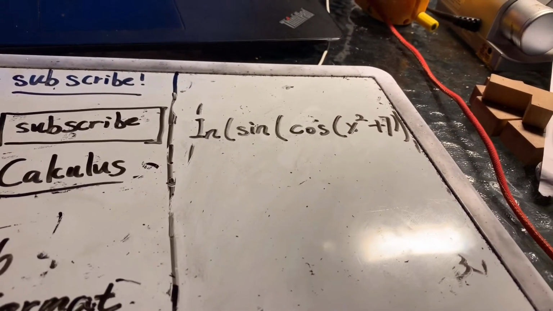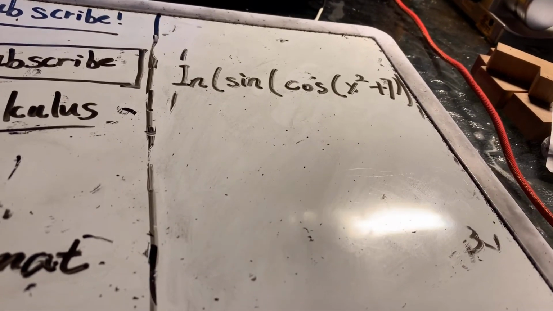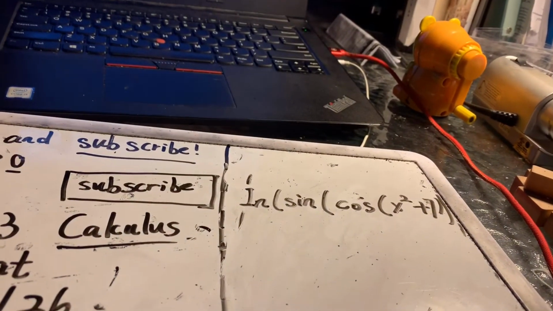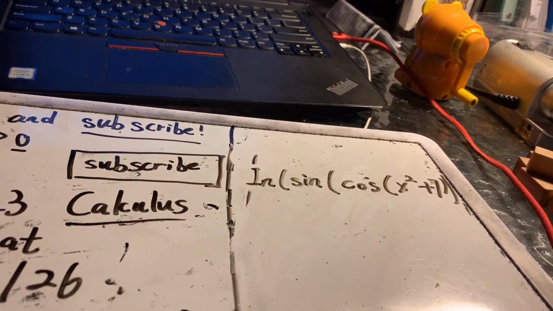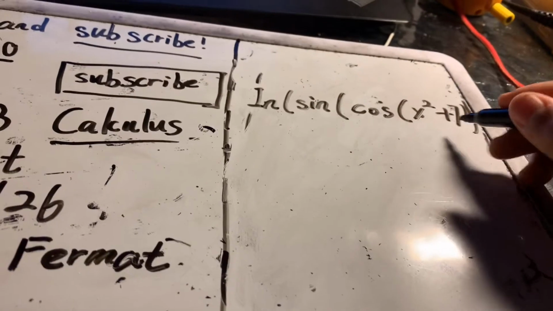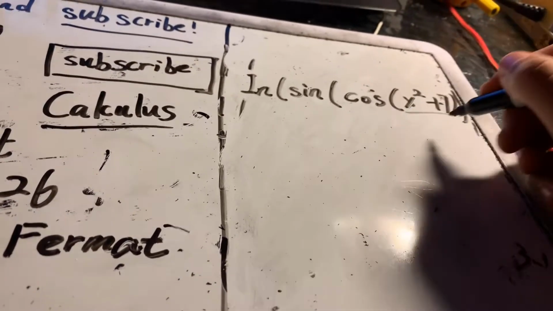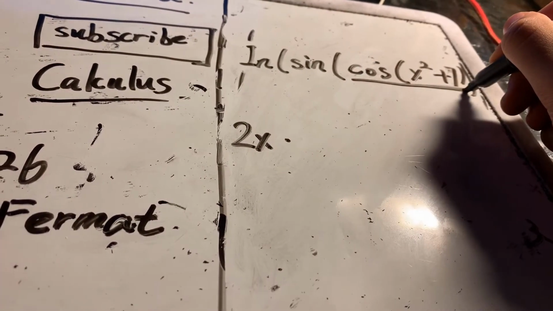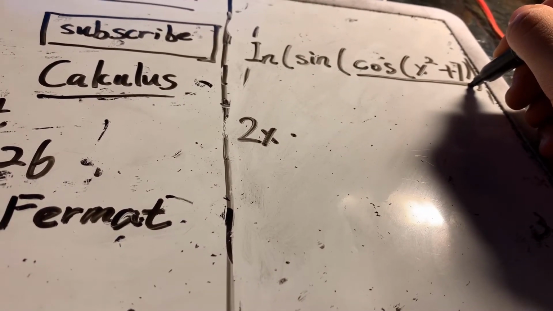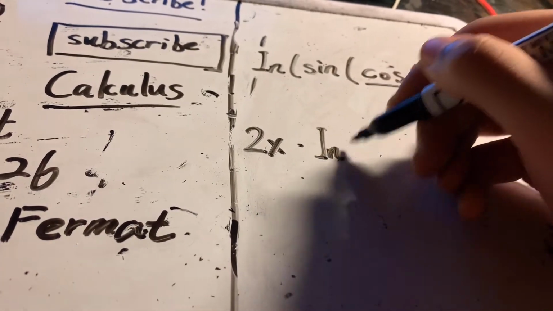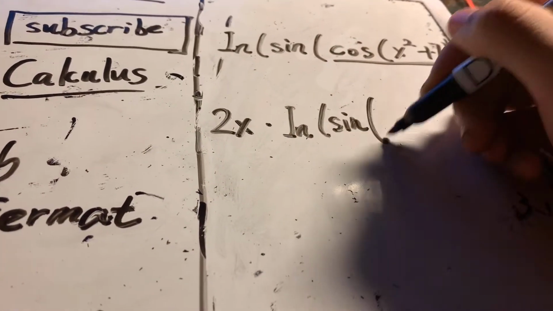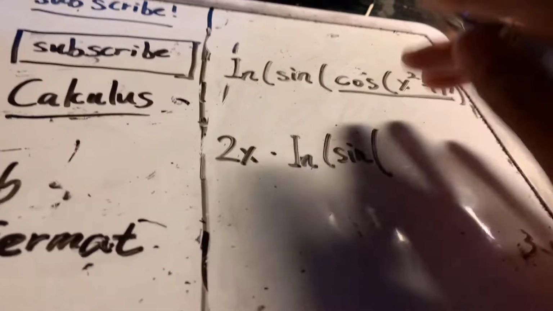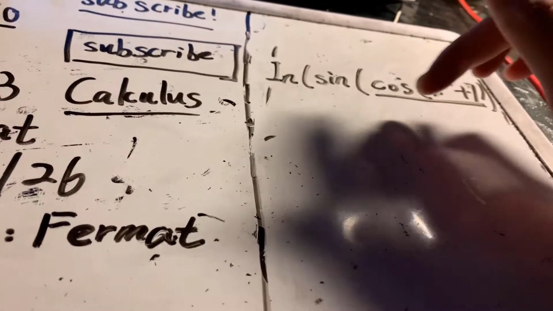In this problem, you are required to find the derivative. You can see that it gets really complex. In this case, we apply the chain rule. You have to start from the exterior, the outermost one.